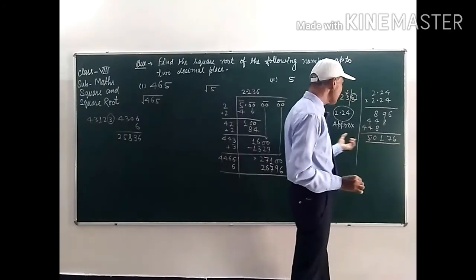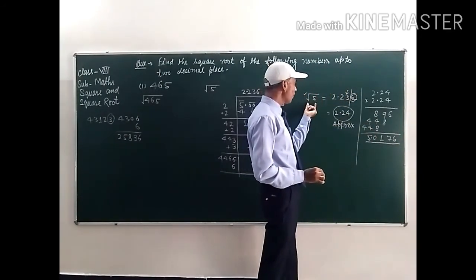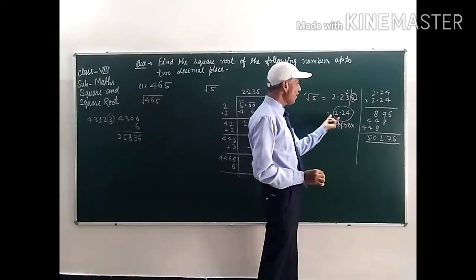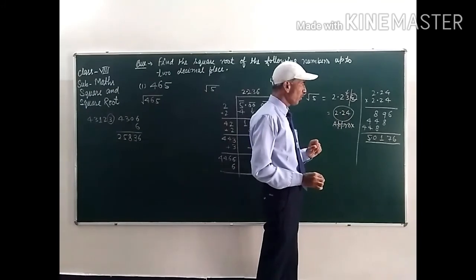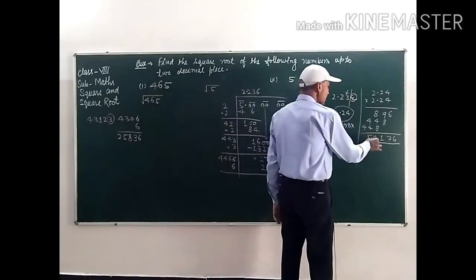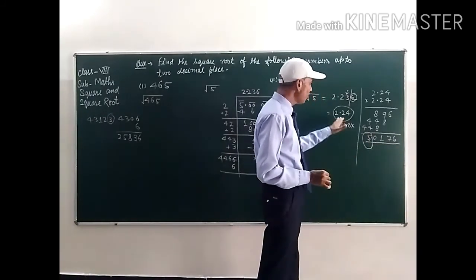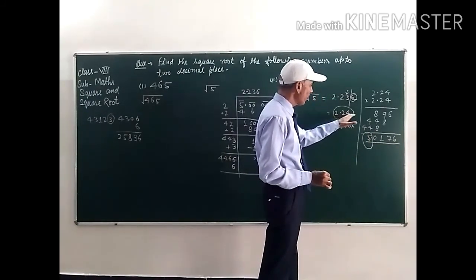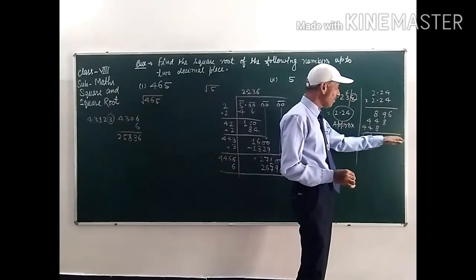So the value of this number is 5.0176. The square root of 5 is approximately 2.24. Okay students, so this is the nearest number of 5. The square of 2.24, 2.24 into 2.24, is 5.0176.